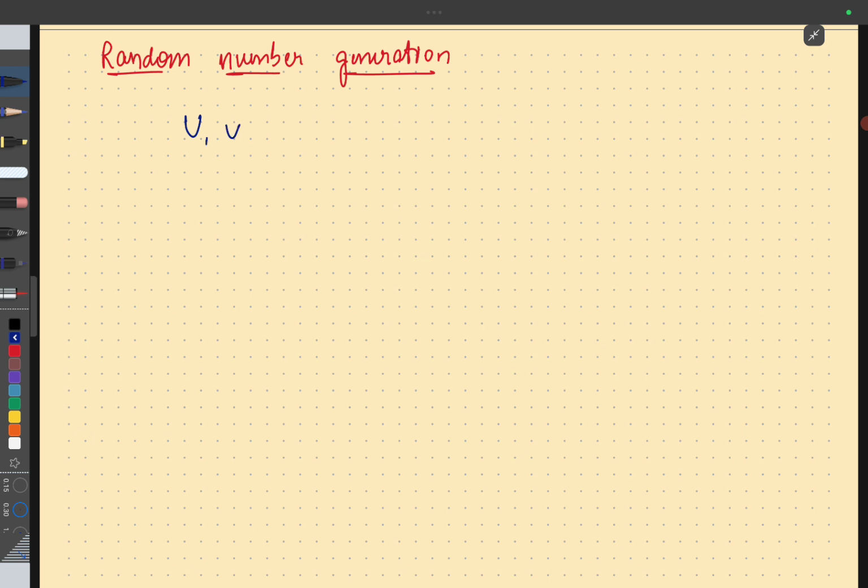You can generate any number of random variables which are uniform, and perhaps IID. I'll start with the example of continuous, but then we'll go to discrete. Suppose you have uniform random numbers. How do you generate a random number from another distribution? Let's say Gaussian distribution.